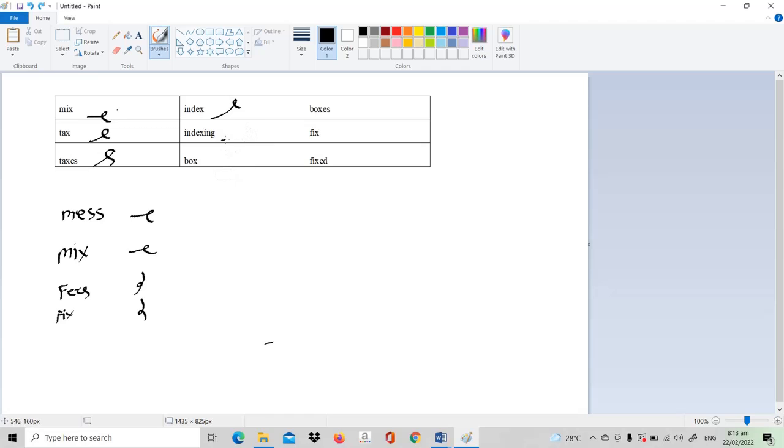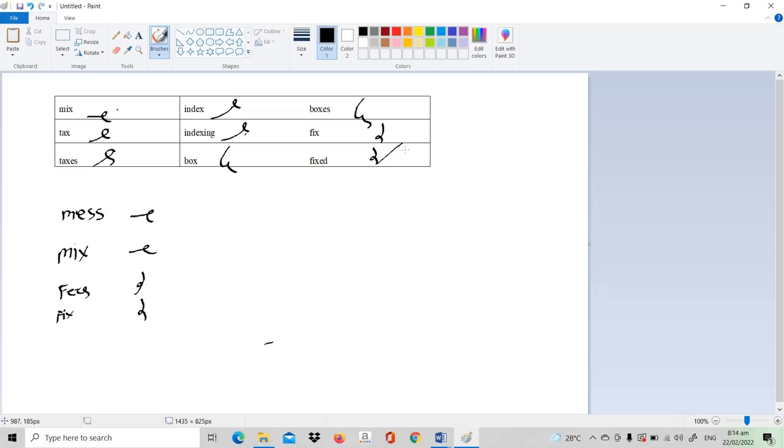Parang R naman na. Okay, box. Boxes. Fix. Fixed.